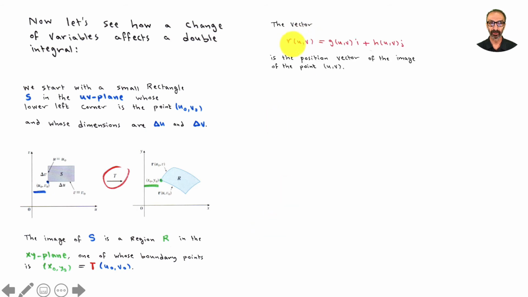The vector r of uv, pointing to this right here in vector language or calculus, is actually the two components g of uv i plus h of uv j, the position vector of the image of the point uv.